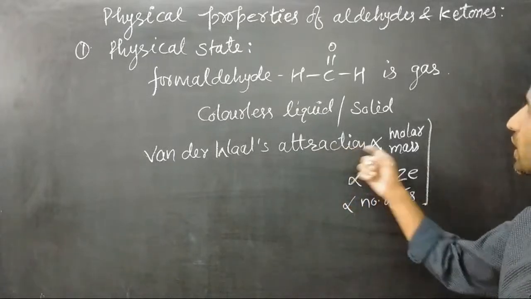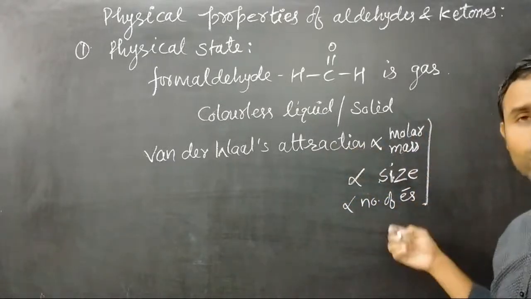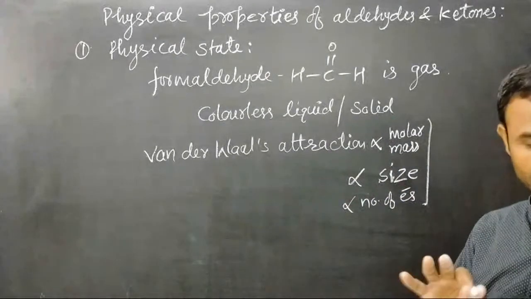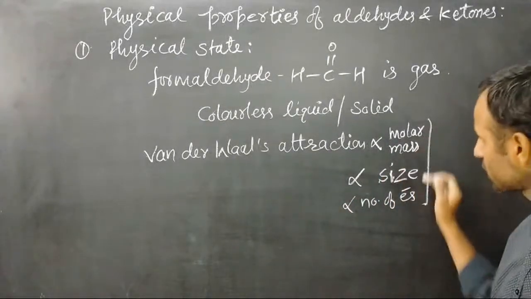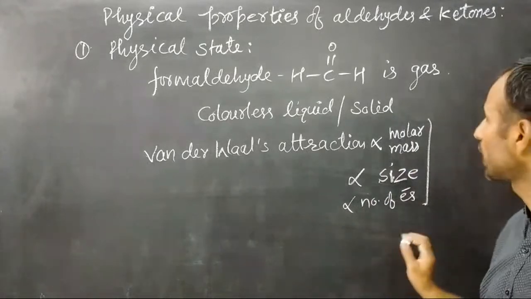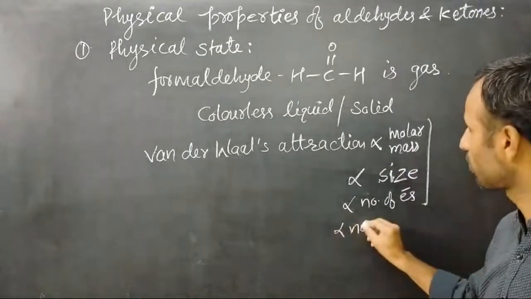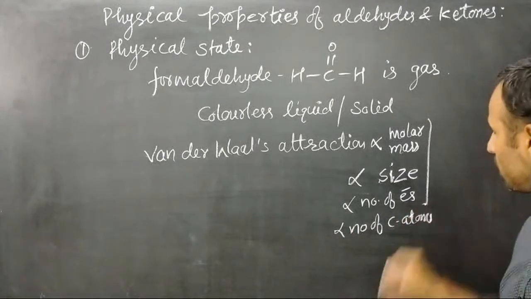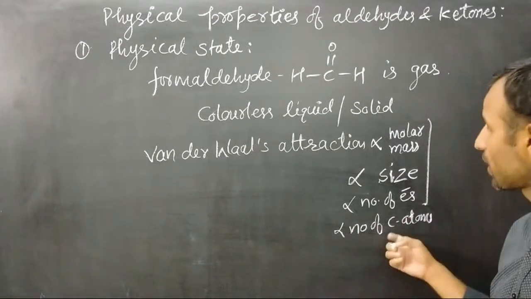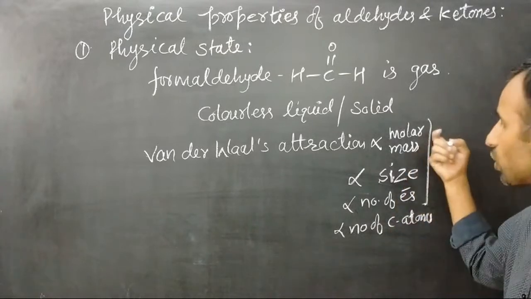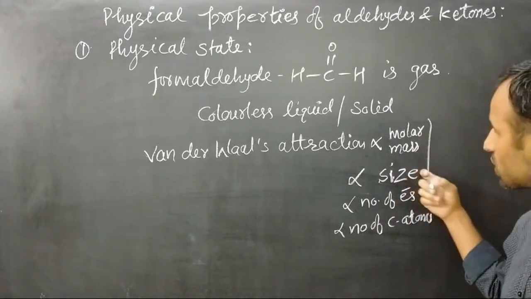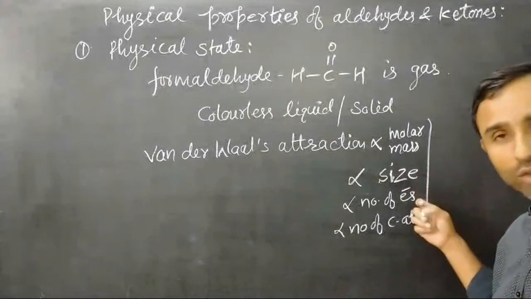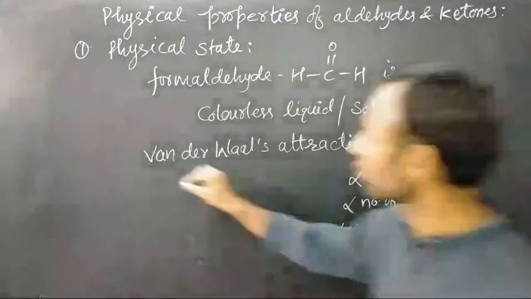So van der Waals attractions are proportional to, means we are not going in detail Kashmira, हम क्या करते हैं, सिंपल ये फंडा रखते हैं. तो क्या है, it is proportional to number of carbon atoms, right. So as number of carbon atoms increases, obviously molecular mass increases, so size increases, number of electrons increases, and so is the van der Waals attraction.